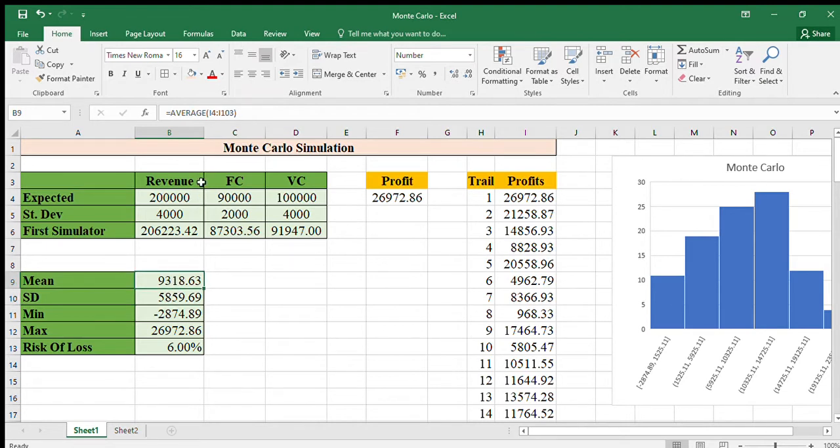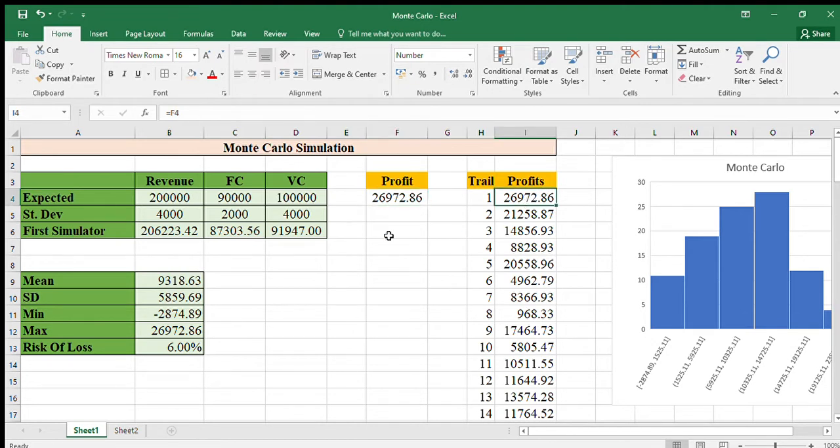For the mean we have used, okay, first let me come to the profit, then you will understand this. For the first profit that we have taken, what we have done is B6 minus C6 minus D6, that is, this minus this minus this. Then we copied this over here.